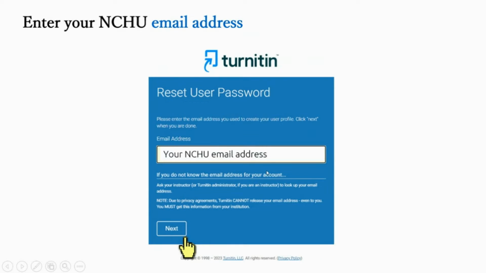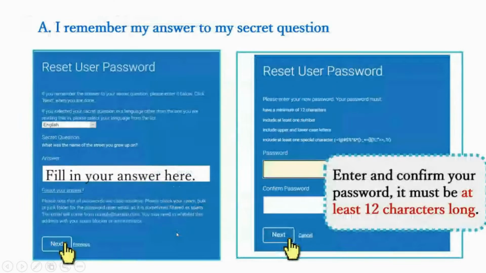Please enter your NCHU school email address and click Next. In the next step, there are two different scenarios. If you remember the answer to the secret question, you can simply fill in your answer and click Next, and then proceed to set your new password.